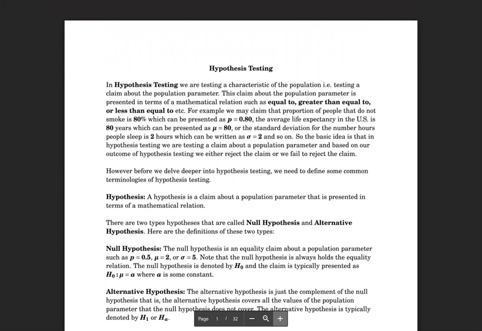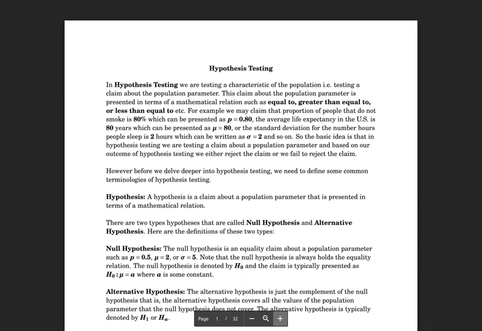Simply speaking, hypothesis testing is testing something about the population, okay? Now, what could that be? Typically, we test the population mean, that means population average, like the average number of years that college students take to graduate from four-year institutions in the US.